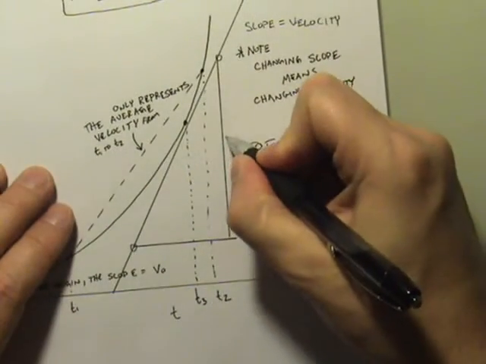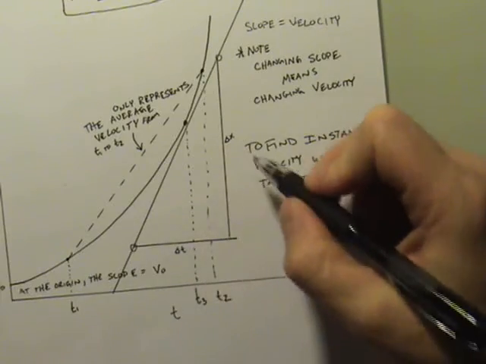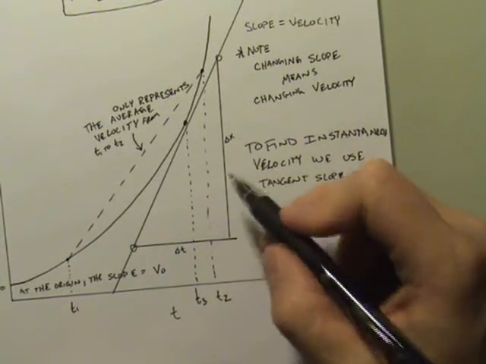So I would use my change in x over my change in t to calculate the slope.